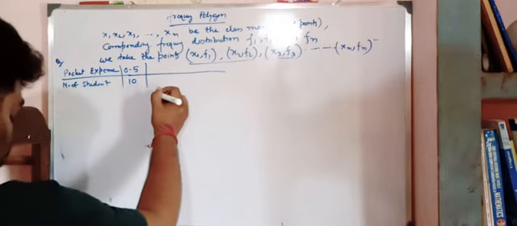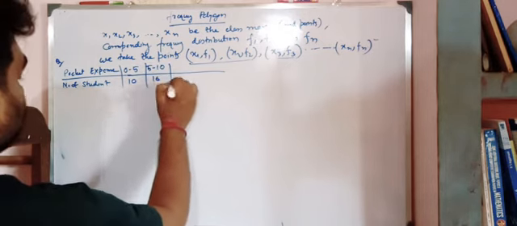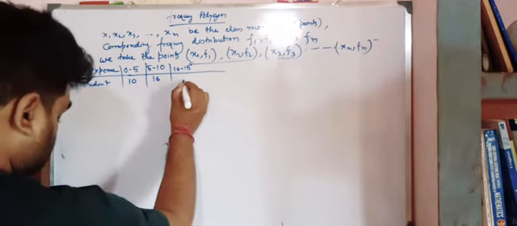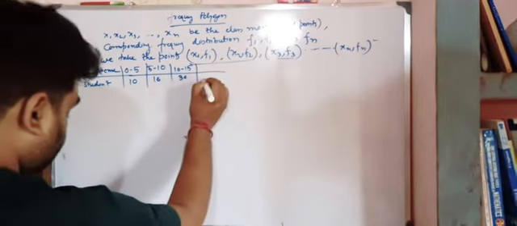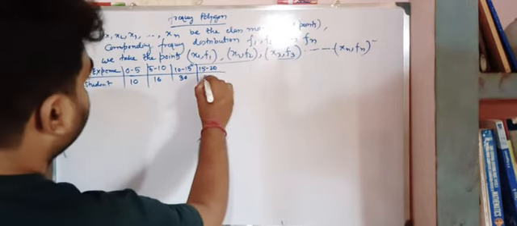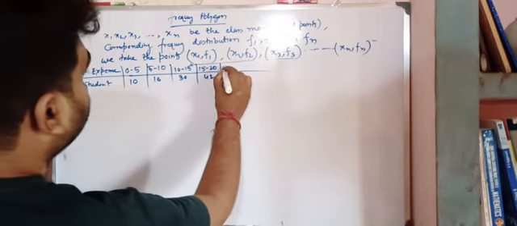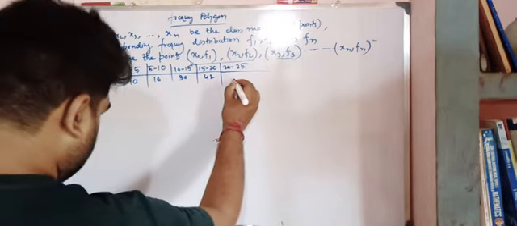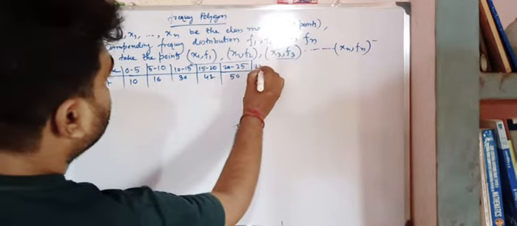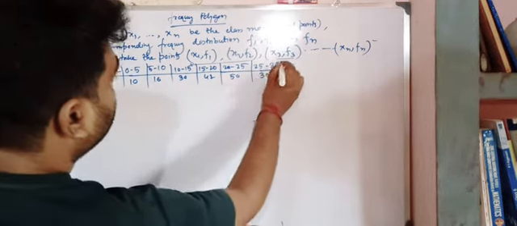0 to 5, next 5 to 10, this is 16. Next 10 to 15, 30. Next 15 to 20, 42. Next 20 to 25, 50. Next 25 to 30, 30.